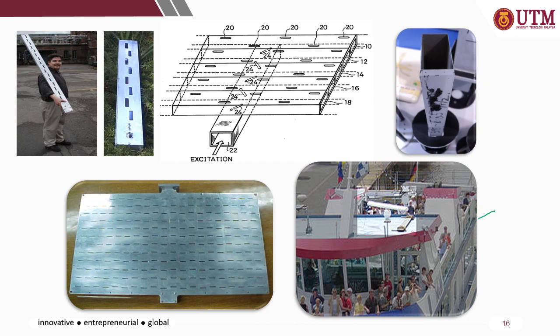This one example shows where the rectangular waveguide is applied on a cruise ship. It basically provides positioning, radar tracking and global positioning during a trip or journey. And sometimes it is used in military missions as well.